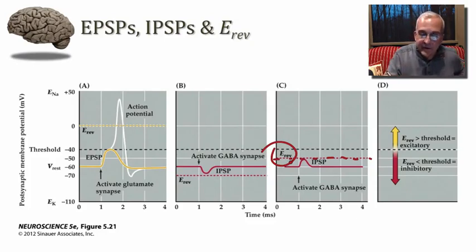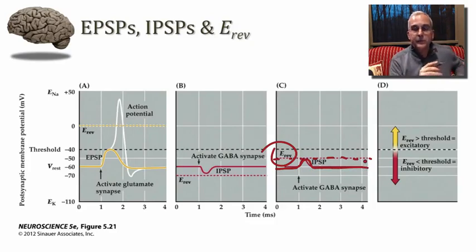So what we see, in fact, when we activate that synapse, is a depolarizing postsynaptic potential, but it's still an inhibitory postsynaptic potential. So please don't make the association of depolarization with excitatory postsynaptic potential, because you'll be missing the concept entirely.